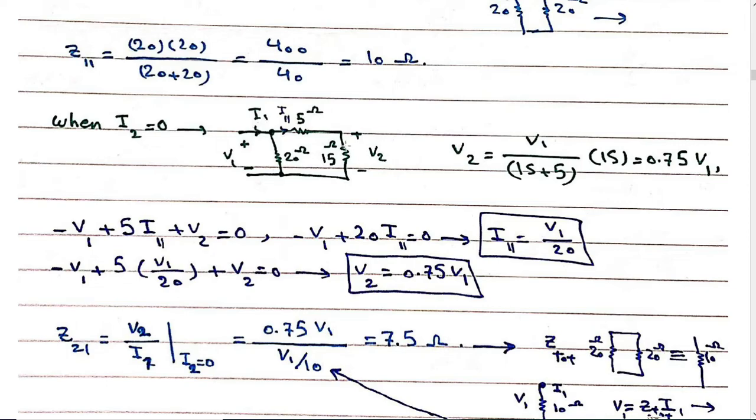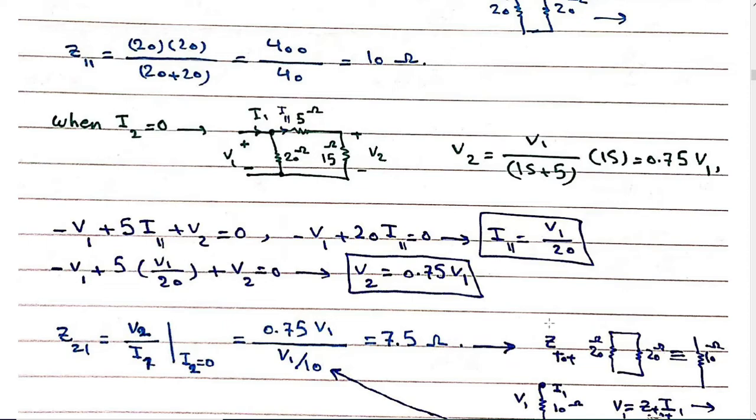Use the voltage divider. What is the relation between V2 and V1? V2 is V1 divided by 20, that is 5 plus 15, multiplied by 15. So this will be 0.75 V1. So V2 is 0.75 V1.